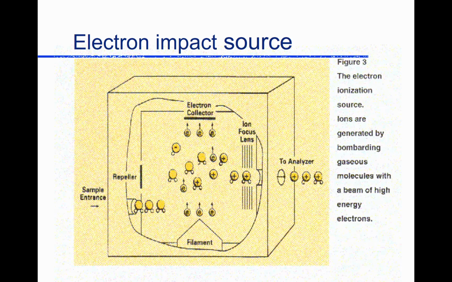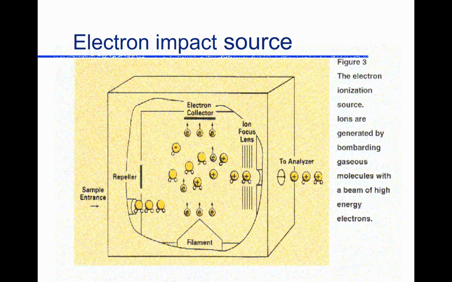So this is kind of what it looks like. We get our sample in here one way or another. Let's say we've got a gas chromatograph coming in, so here come our analytes eluting from the column. We have a filament, typically a rubidium filament. We pass electricity through that, and the filament gives off electrons.